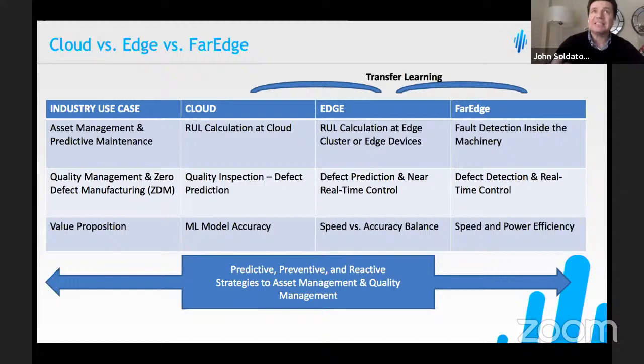However, if you want to do it fast because you want to implement, for example, some reactive strategy, if something doesn't go very well, in addition to your predictive strategy, then you are likely to be doing this at the edge and at the far edge. These are real use cases and real concerns that you might have, and here come the solutions that help you solve them.